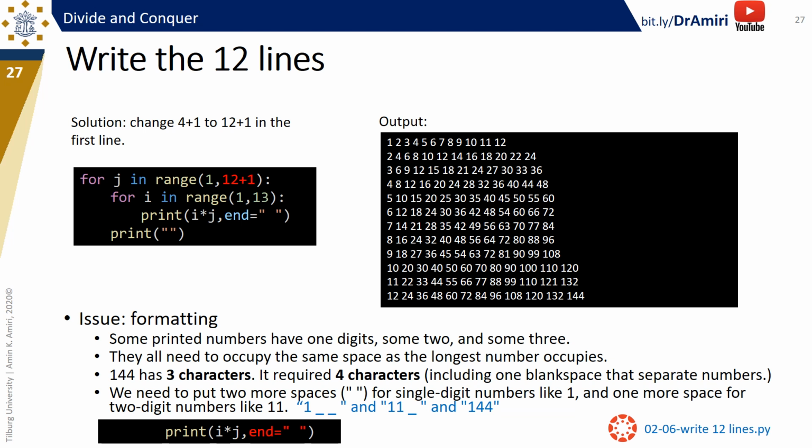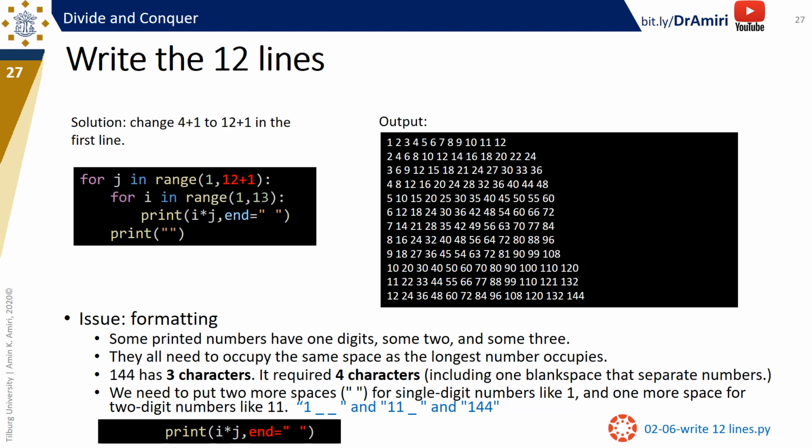So if that's true for the longest numbers, that means we also need to have the same format for 1 and 11. So 1 requires 2 more blank spaces in addition to the blank space that separates numbers. 11 requires another blank space in addition to the blank space that separates numbers, and 144 only needs that blank space that separates numbers.